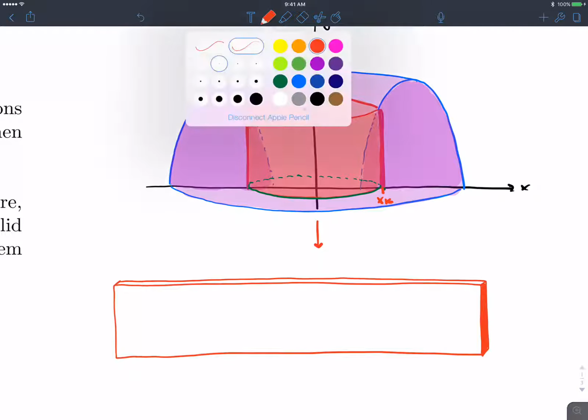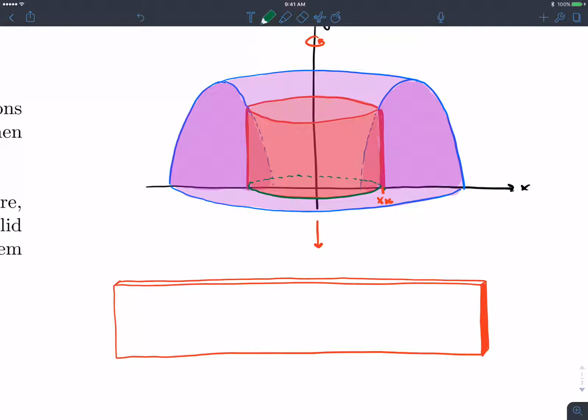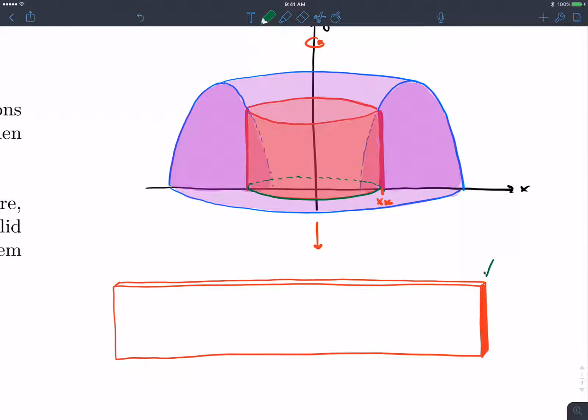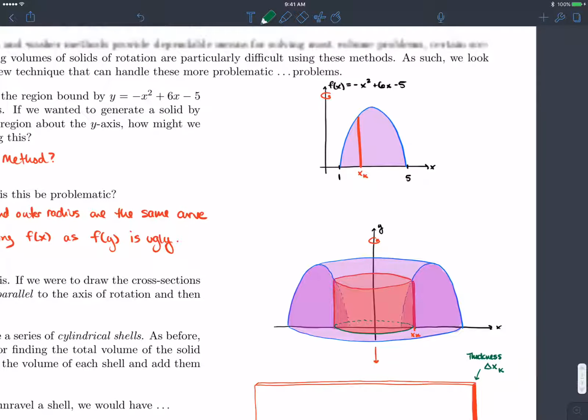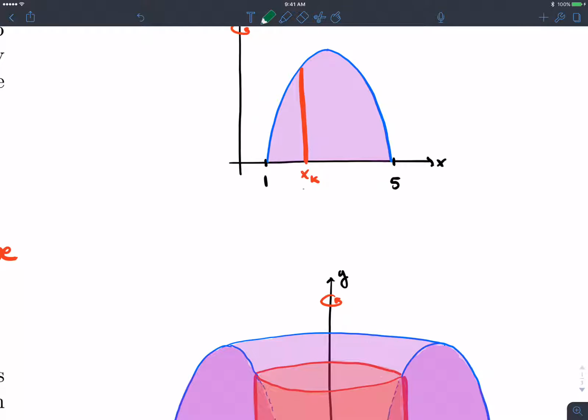So let's go ahead and start giving some names to each of these dimensions. So the thickness, since that's just the width of our cross section, we'll use our characteristic notation for the width of a cross section here. We're just going to call this delta x sub k. That's essentially just the width of that original cross section that we drew.